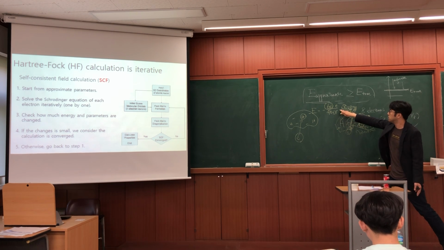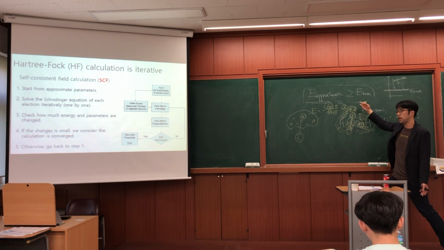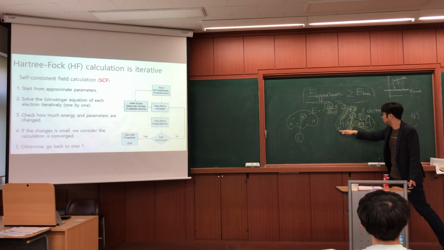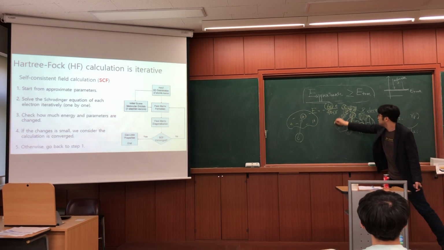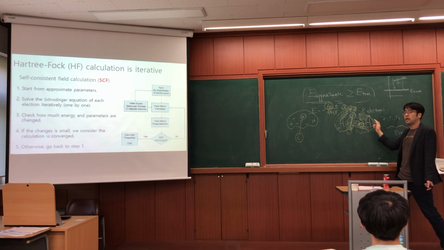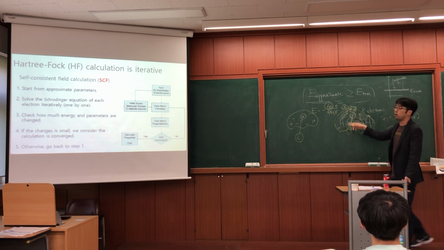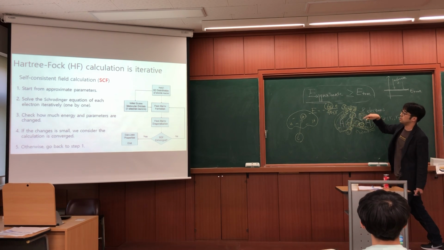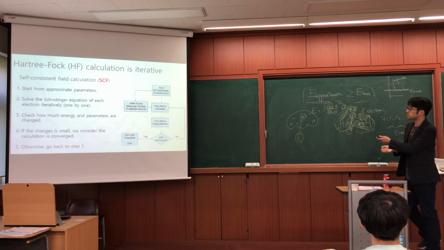After solving that, if the parameters, the energy or some other numbers change, then we repeat solving these Schrödinger equations again. And we iterate this on and on until the energy doesn't change.